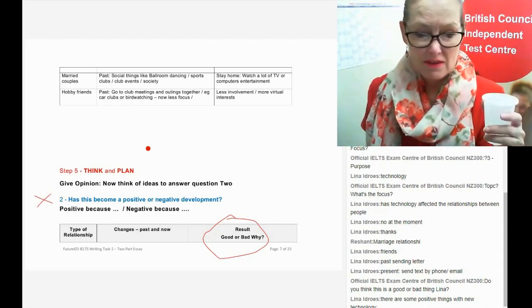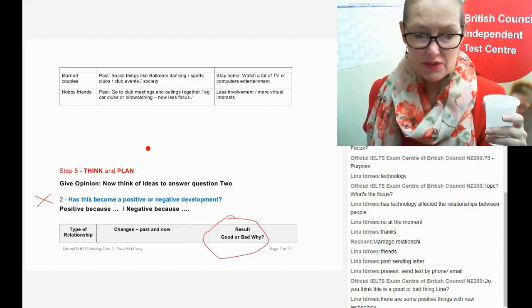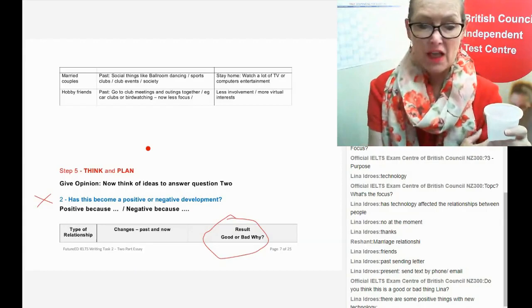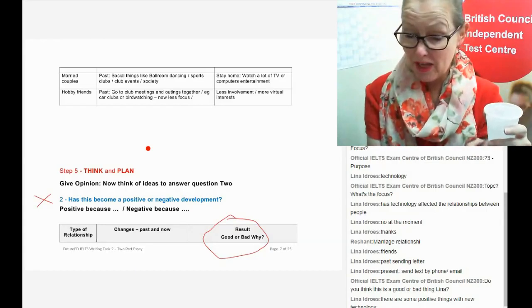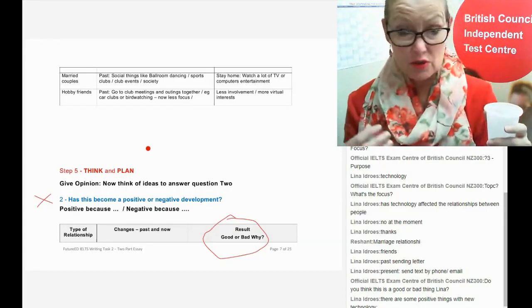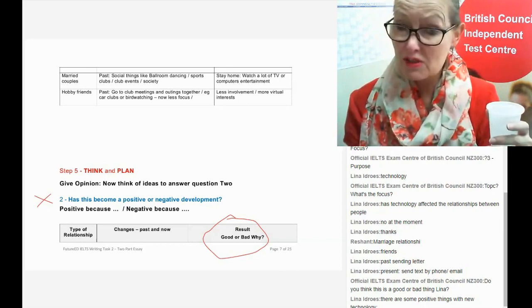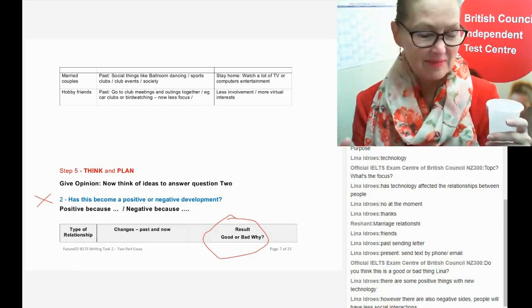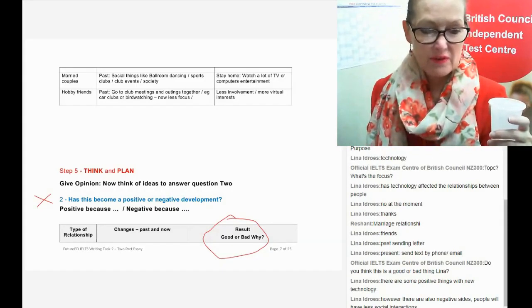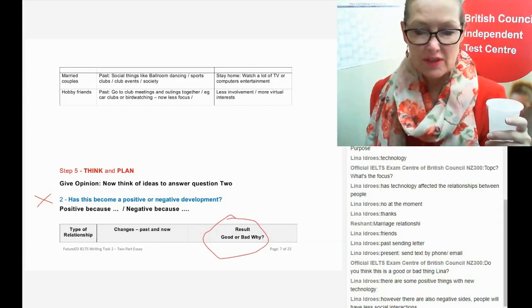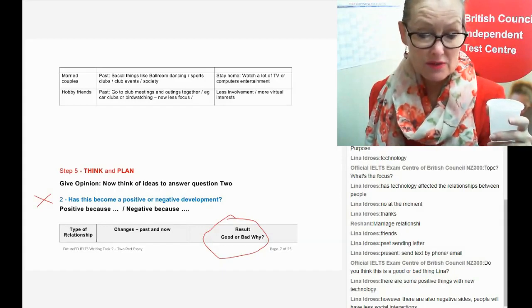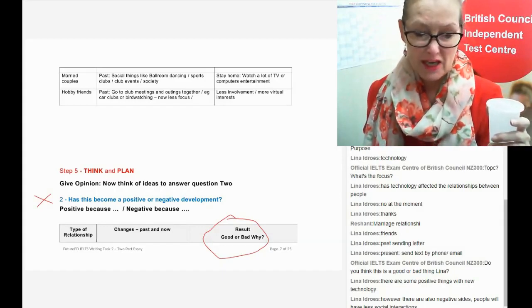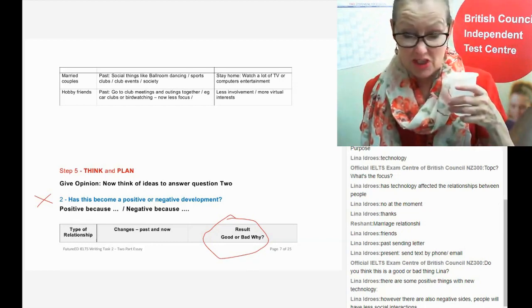Good. So once again, I just want you to think about your points and why that's good or bad. Is it good now to be able to text and phone, or was writing letters better? So have a look at what you think, this column over here. The points that you've mentioned and we've mentioned, good or bad. I'll give you a few minutes. You can type in the chat box.